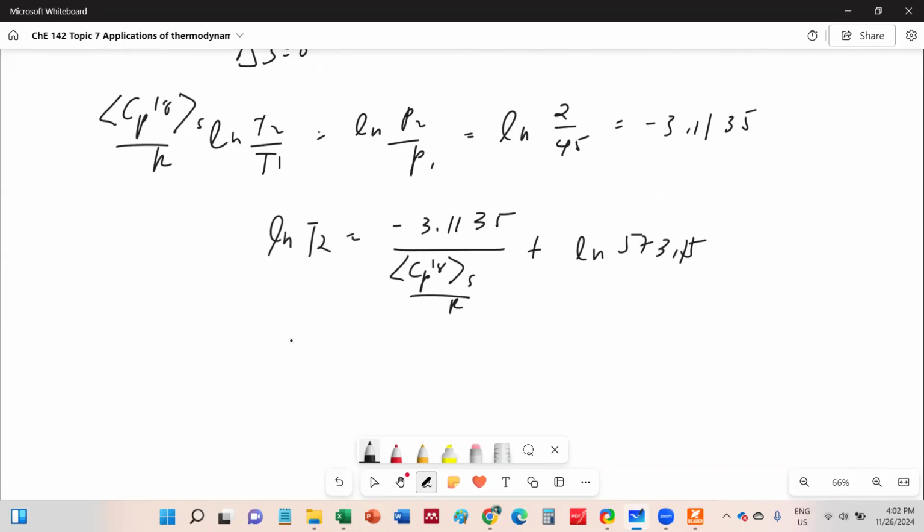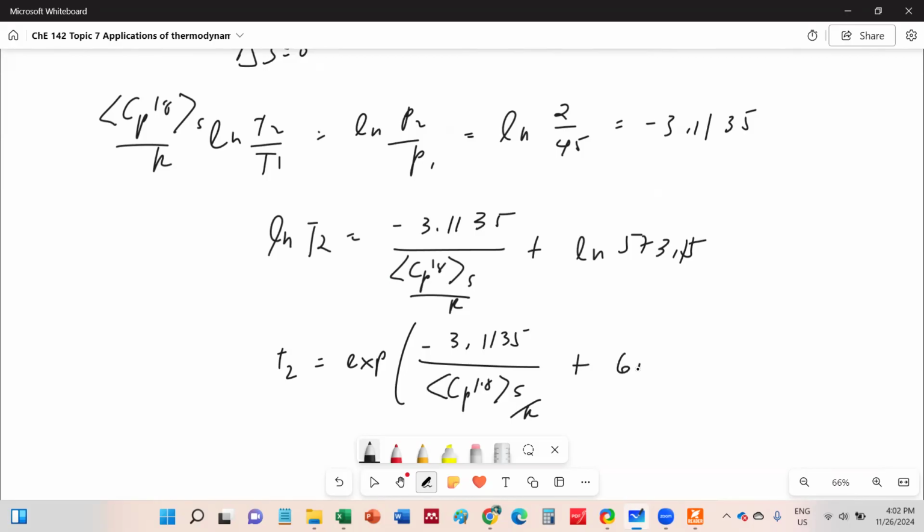And then exponentiating both sides, we get Cp Ig over R plus, evaluating that, 6.3511.